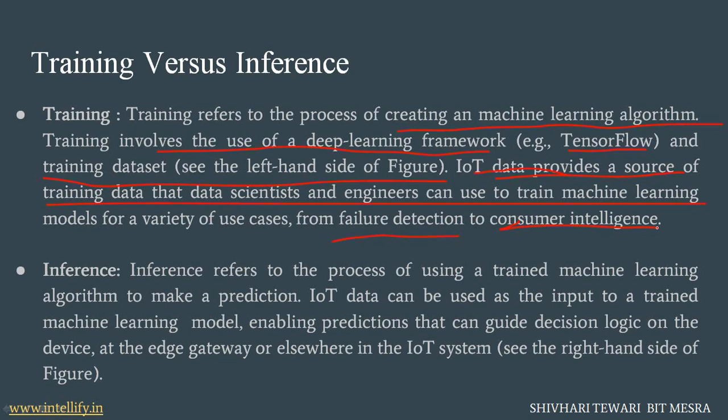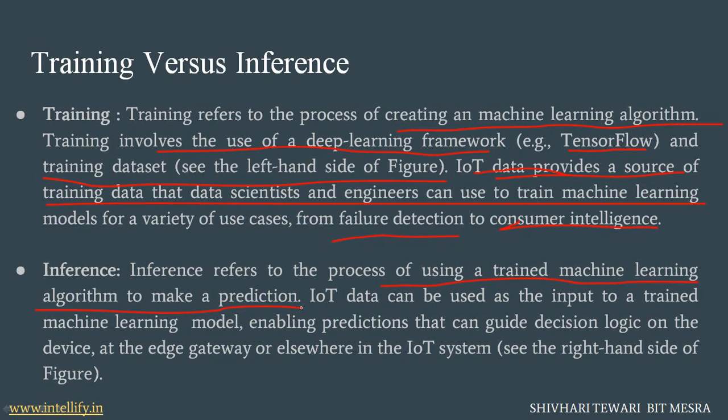Now what is inference basically, and how is inference different from training? Inference refers to the process of using a trained machine learning algorithm. That means we are using an already created machine learning algorithm to make a prediction. This is the basic difference between training and inference.